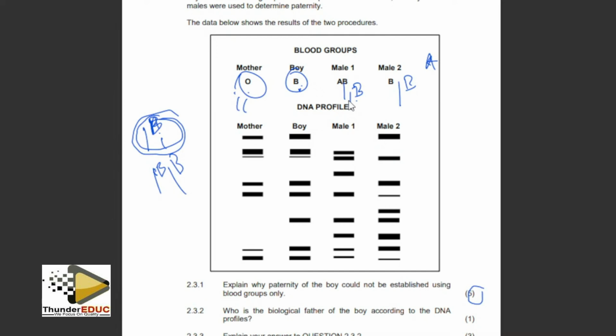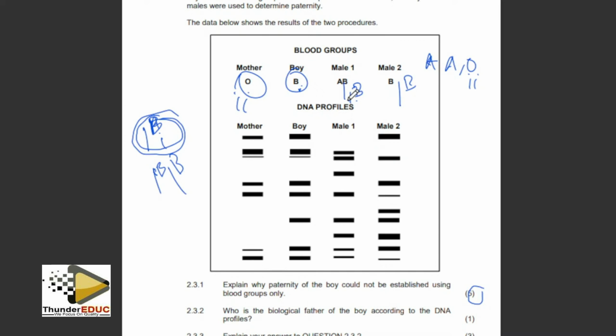And then another man who is blood group O cannot be the father. So blood group A and blood group O are wiped out. Why? Because if it is small ii, the boy is blood group B, so there is no way this boy is going to get a B from the father who is blood group O, yet the mother is already known to be blood group O. So that's the meaning that you can't use blood group to conclude the father of the individual.